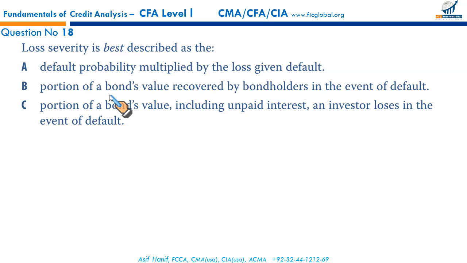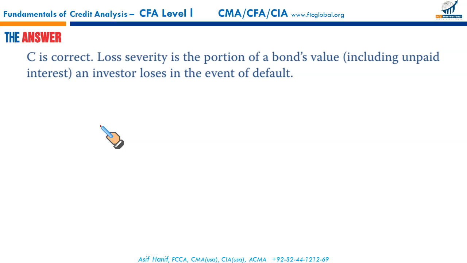This is not the right option then. Then it must be C. Loss severity is best described as the portion of a bond value, including the unpaid interest, an investor loses in the event of default. It's a straightforward textbook-based question, and C is our right answer.